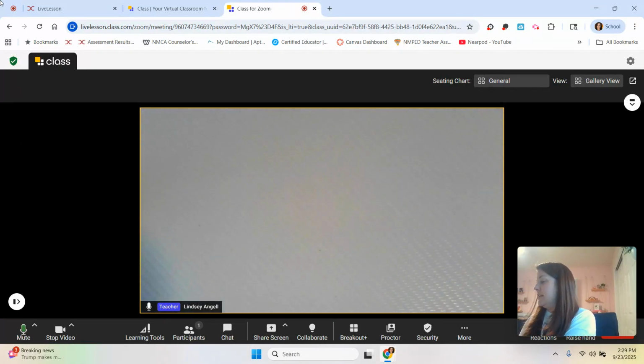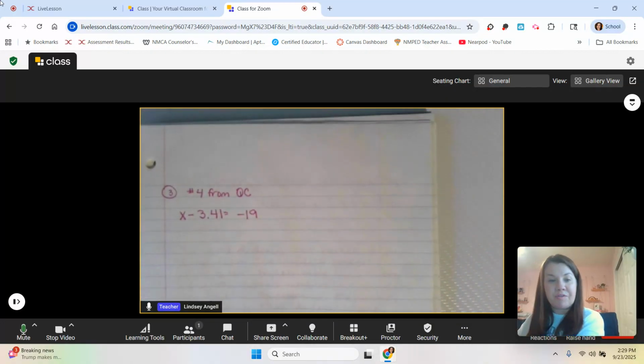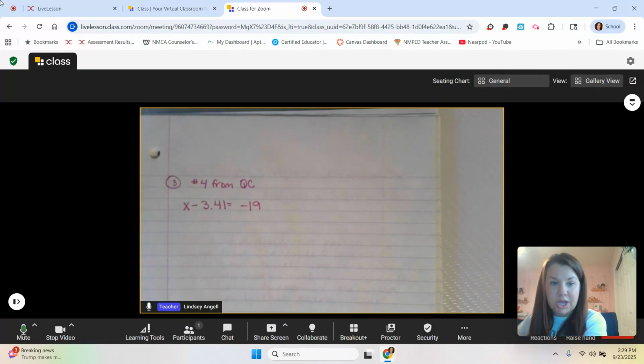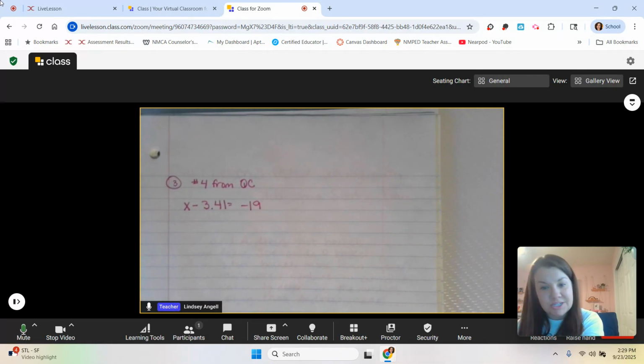Last one that we've got here. This is number 4 from your quick check. This one had to do with decimals. And I'm sorry all 3 of my examples were subtraction. I guess I should have thought about that more. If they were addition, then you would have subtracted to solve, right?